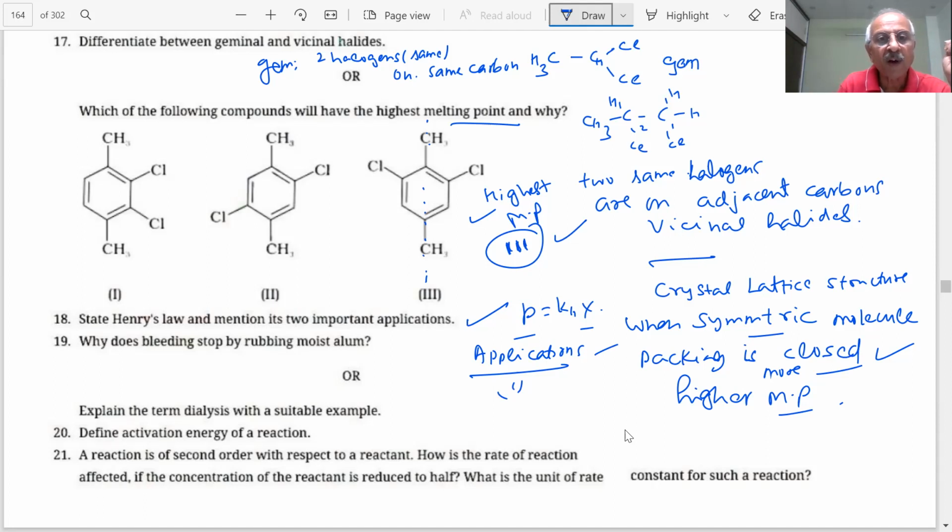Why does bleeding stop by rubbing moist alum? What is moist alum? So moist alum has highly charged ions which neutralize the charged protein molecules present in the blood.